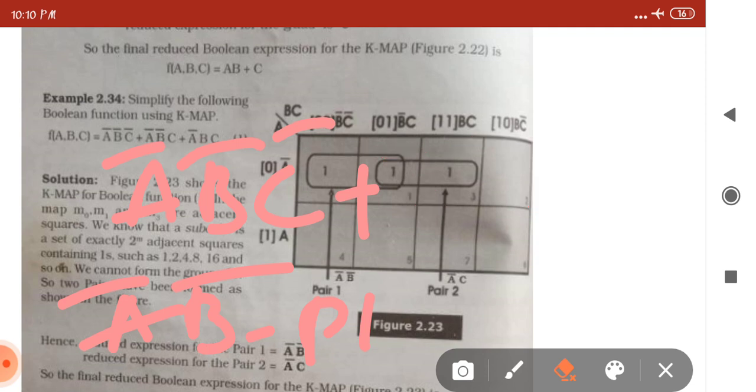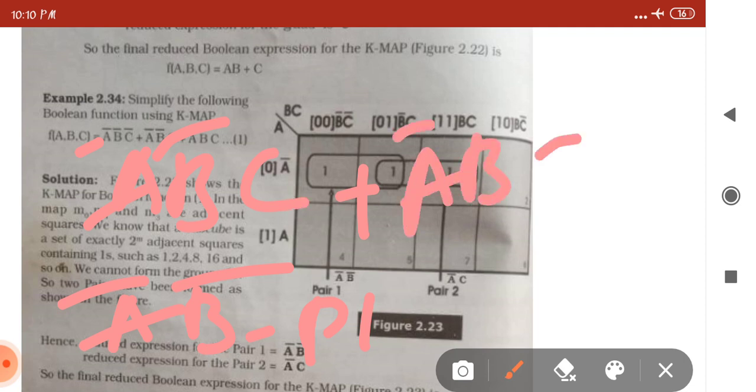Pair 2. Let us take it. Pair 2 is A bar B bar C plus A bar BC. A bar C is common.